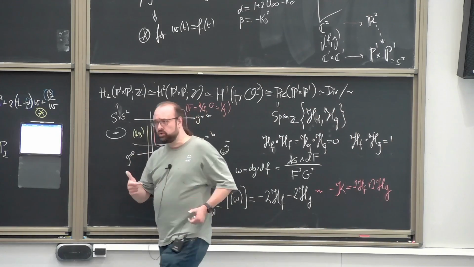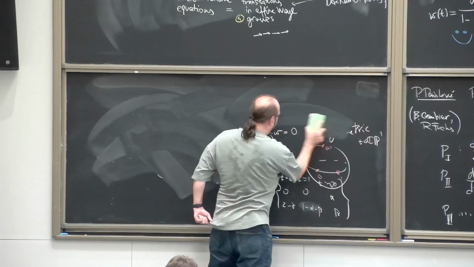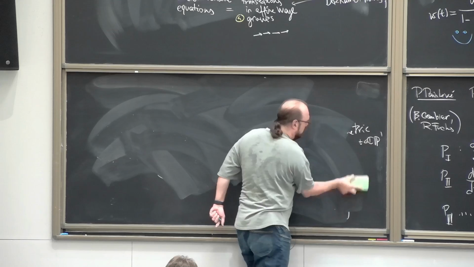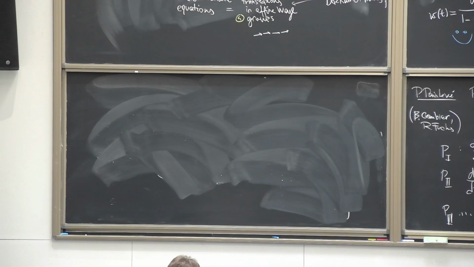So this is how geometry appears. However, I am not done, because you can have more than one solution going to infinity. So what can happen is, where was that? Over here, right? You have one solution going to infinity here, and you can have another solution going to infinity here.